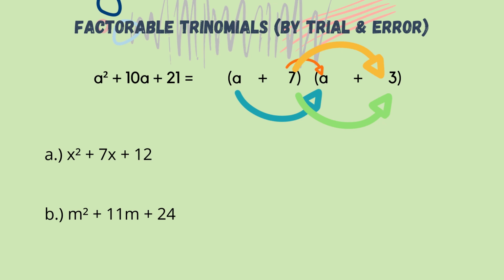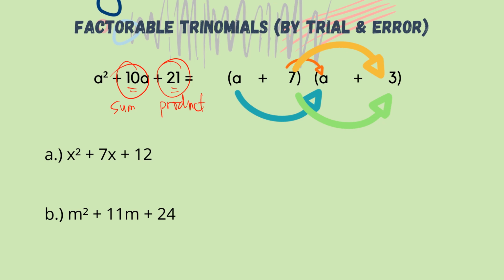So, paano mo yun malalaman? So, what you're going to do is to think of a number that when you multiply, you'll get the third term. So, that is when the product should be 21. And when you add, the sum should be the numerical coefficient of the second term, which is 10.